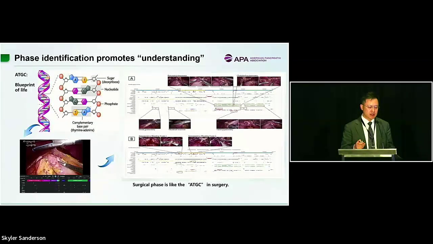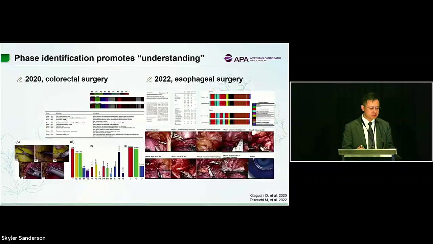Through these phases the machine learns what we have thought about the procedure. We can see these two studies, 2020 and 2022, from two Japanese teams. They have great work on colorectal surgery and esophageal surgery. They divide the video into at least 9 phases to let the machine know what we think and what we have done during the surgery.